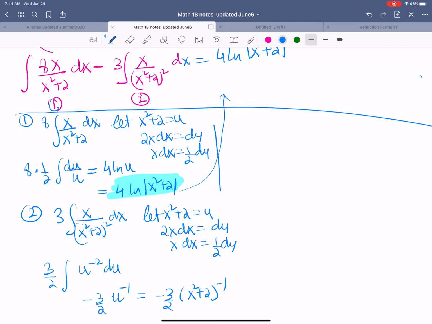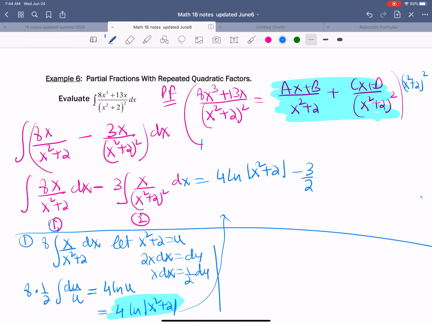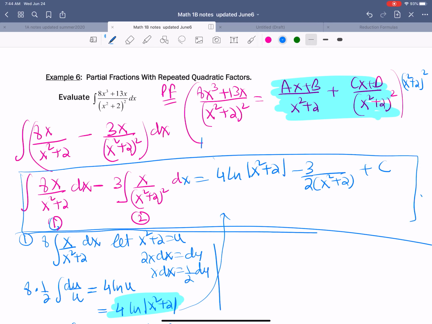And the second integral turns out to be negative 3/2 over x squared plus 2 in the denominator, plus c. Looks like that would be it, and that's what our integral evaluates to.